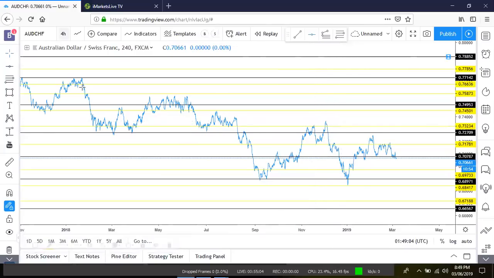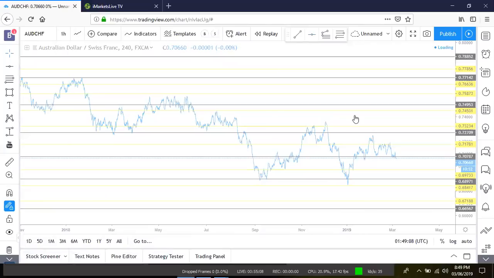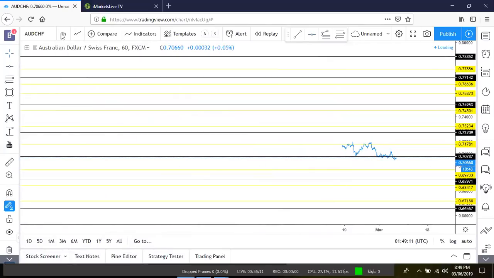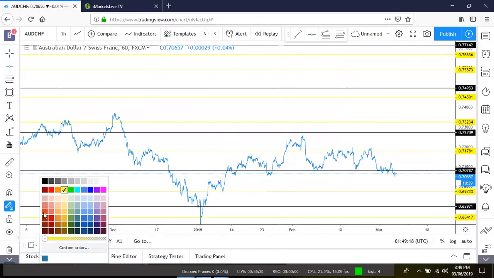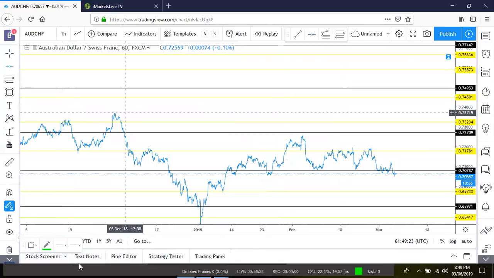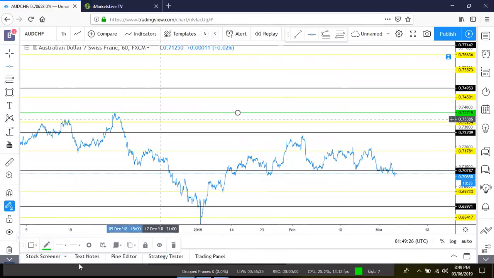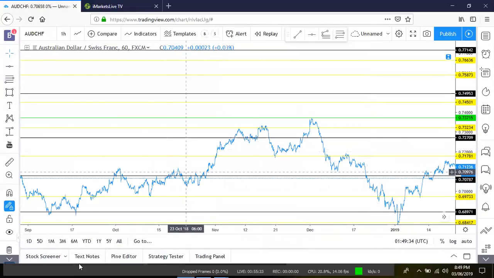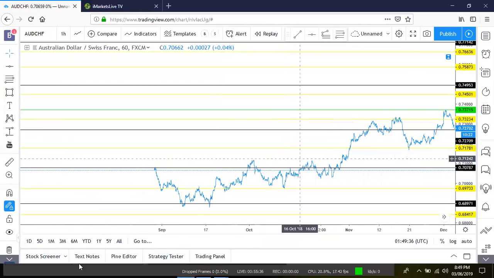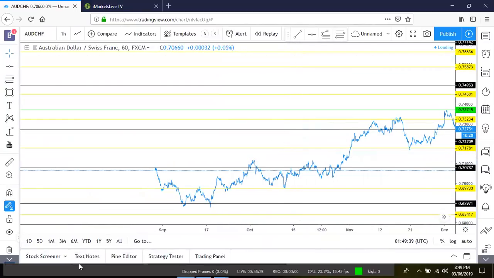Then I will go down to an hour chart. I will repeat the same thing, and I'll turn that green. So go ahead and go right there. I'm just looking for all the sharp points in the hour chart. Go on here.